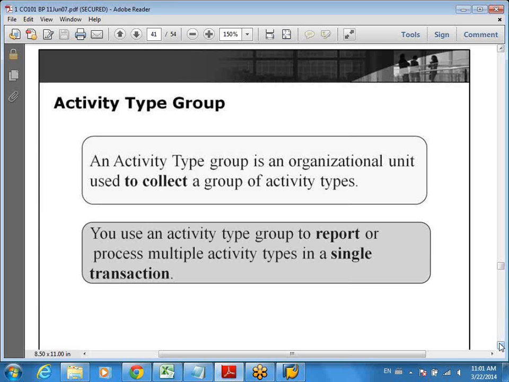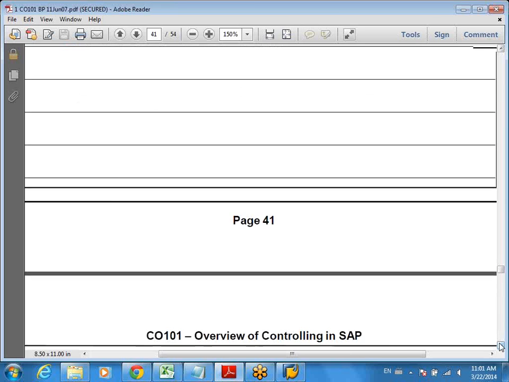Anything production, welding, fitting, piping, assembling, all those things would be production activities. You can group them into higher-level activities. In this CO, you have a lot of groups: cost element groups, cost center groups, activity type groups. There's everything at the bottom level, and you group at the higher level because of all the reporting on the CO side.